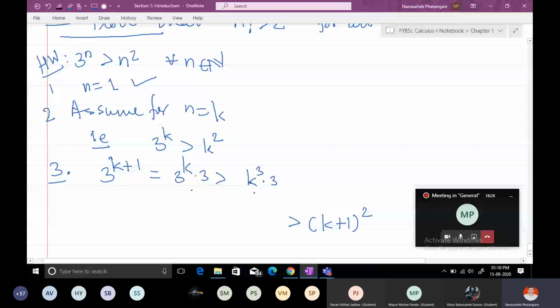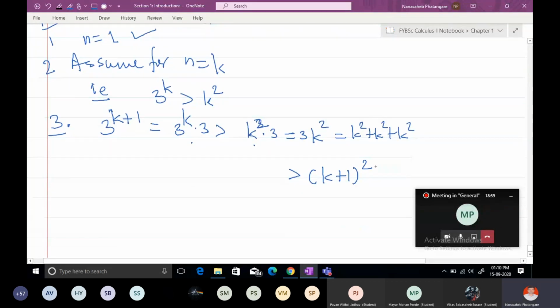But then I want to check whether it is greater than k plus 1 square. Fine. So how to get this? This is actually 3 times k square, right? That means it is k square plus k square plus k square, correct?